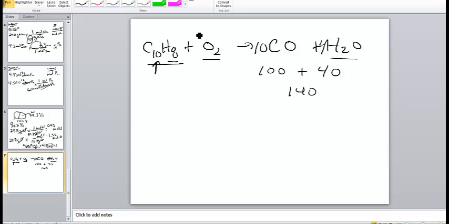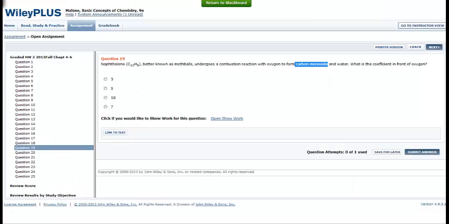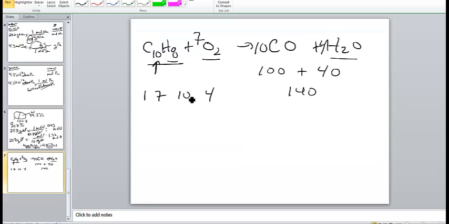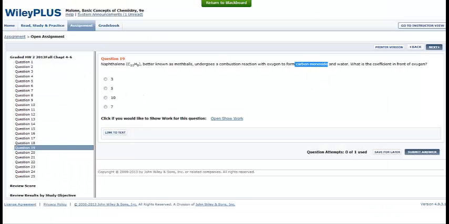We can get that by putting a 7 right in there. So it's going to be 1, 7, 10, and 4. And we hope we see that as one of the possibilities. Oh, it says what is the coefficient for the oxygen. And indeed, that coefficient for the oxygen has to be a 7. And that is one of the choices. So we're good. And that is problem 19.